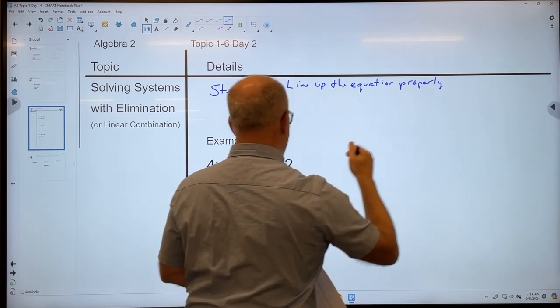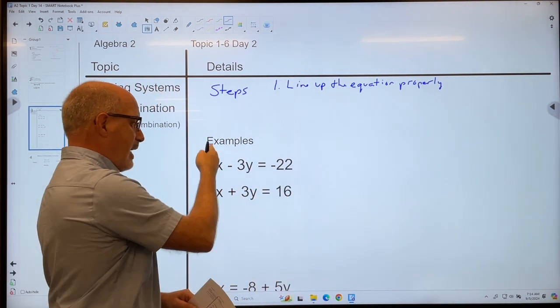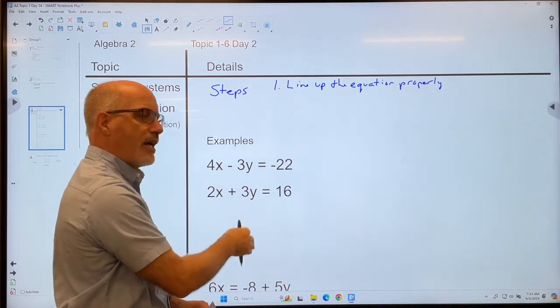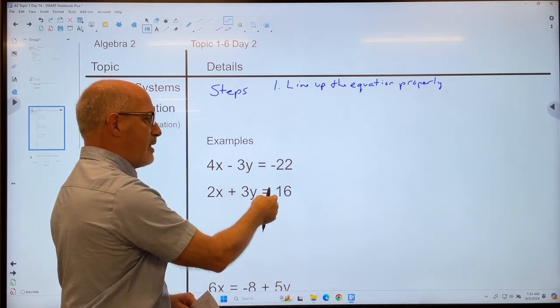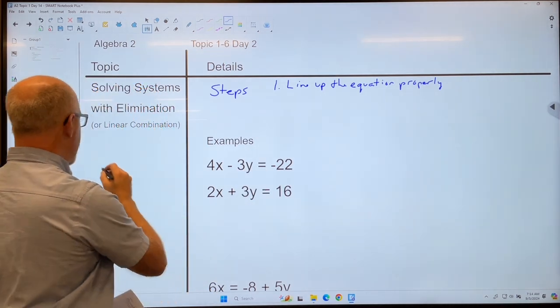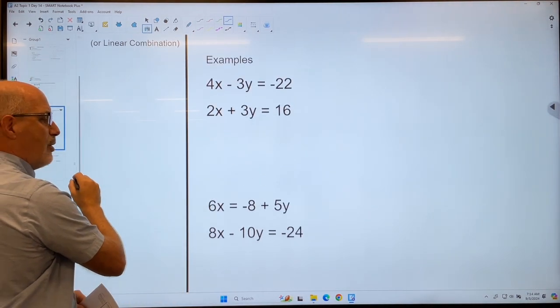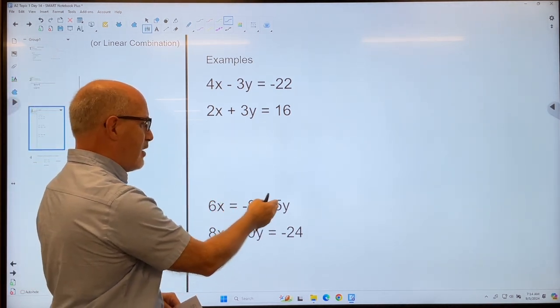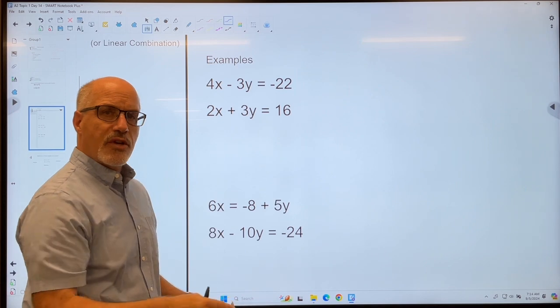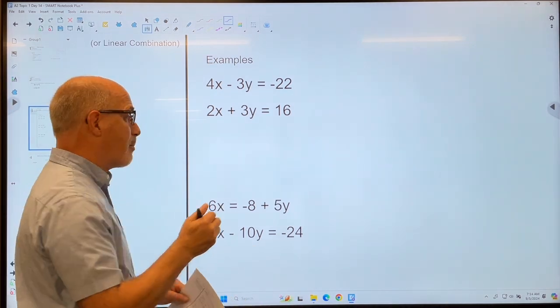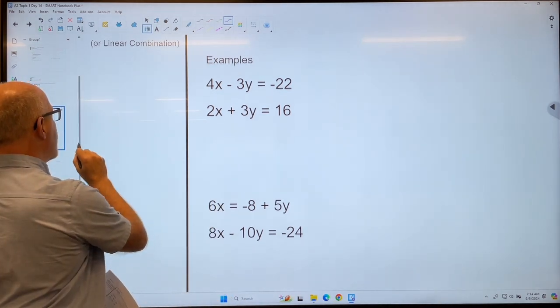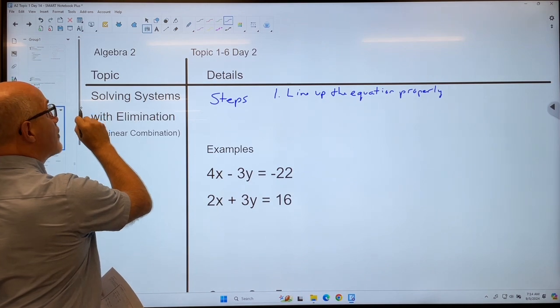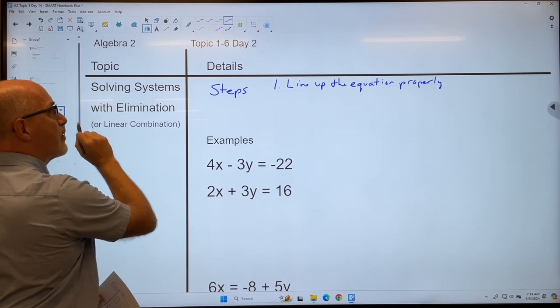This first system of equations is lined up. The x's are lined up, the y's are lined up, the equal signs are lined up, and the numbers are lined up. The second example that we'll do, notice that the x's are lined up, but then the equals aren't lined up, the y's aren't lined up, the numbers aren't lined up. We have to get it in the proper order in order to solve the system using this method. So be aware that this is a critical first step.